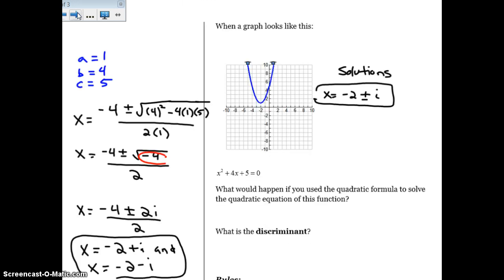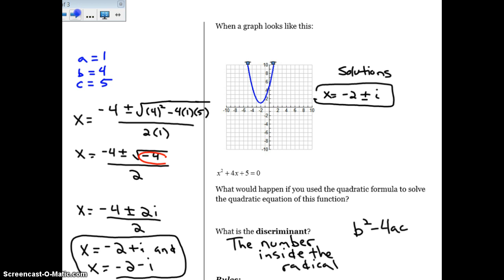So what is a discriminant? The discriminant is the number inside the radical. That b squared minus 4ac part.